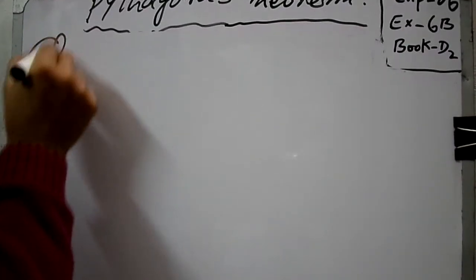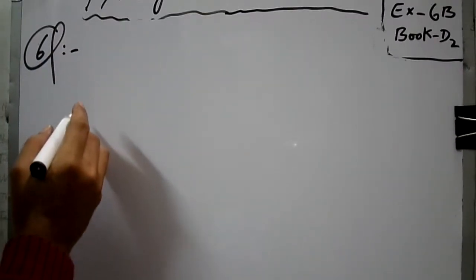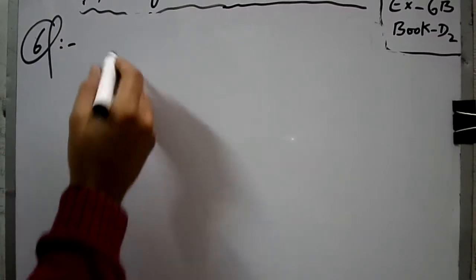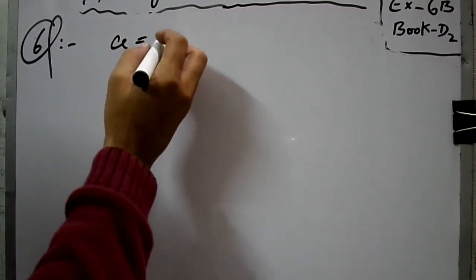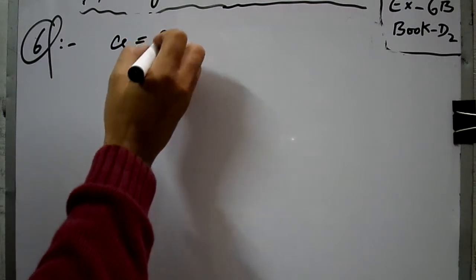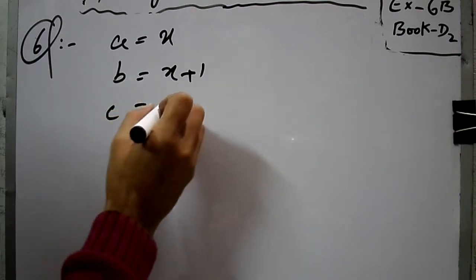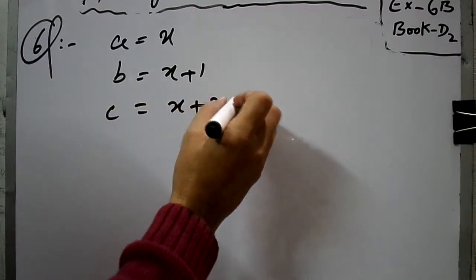Question number 6. In question 6, the length of a side is this. If one side, that is the value of a, is given to you as x, the value of b is x plus 1 and c is x plus 2 centimeters.